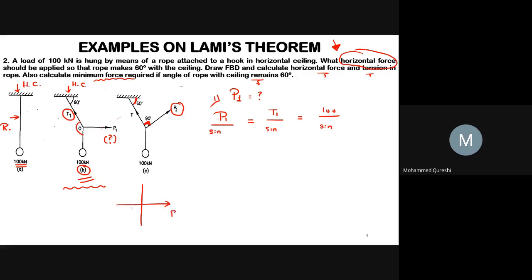This is your P1 force and tension in the rope, that is T1. Then this force is given as 100 kilonewton, and the tension makes 60 degree with the horizontal x-axis.